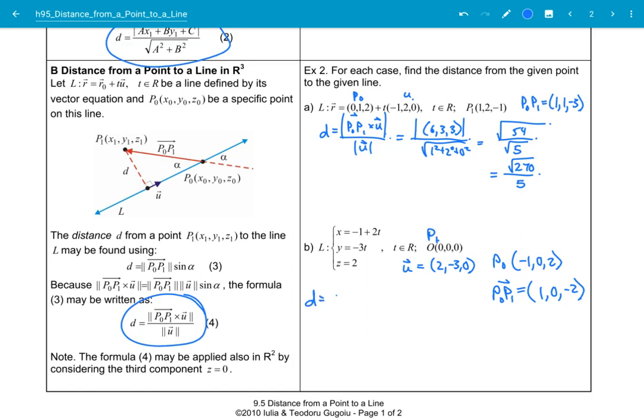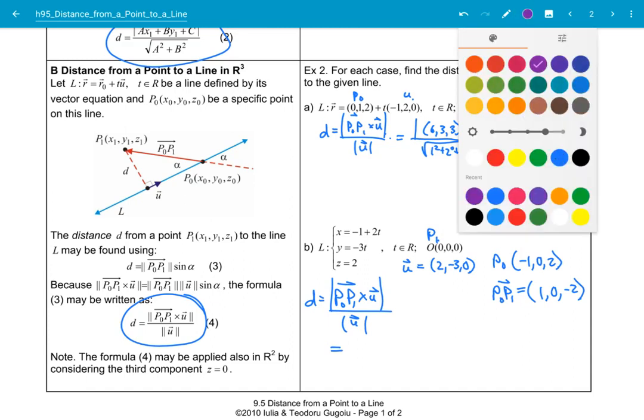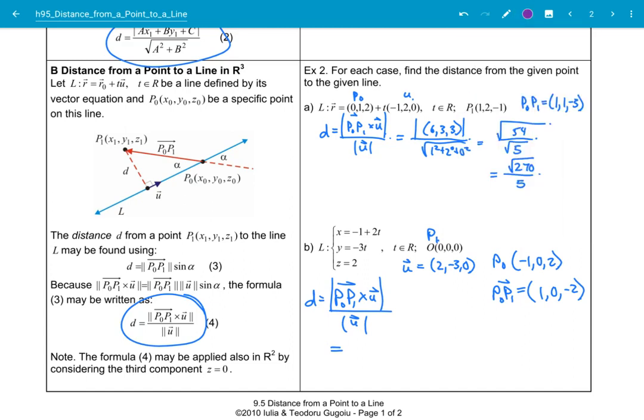Distance will be P naught to P1 crossed with U, magnitude over the magnitude of U. The cross product we have here is negative 6, negative 4, negative 3.